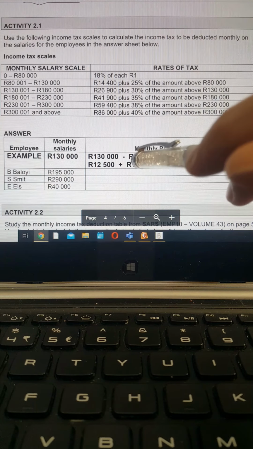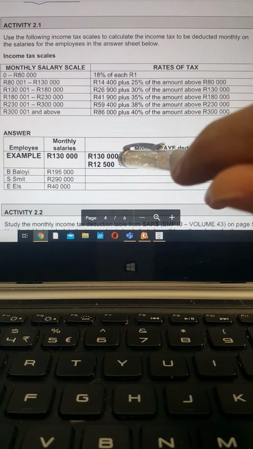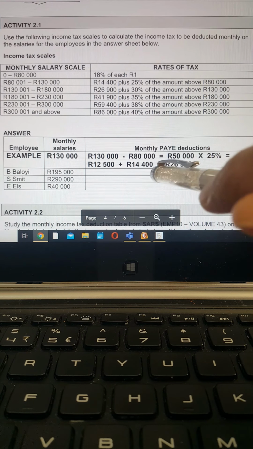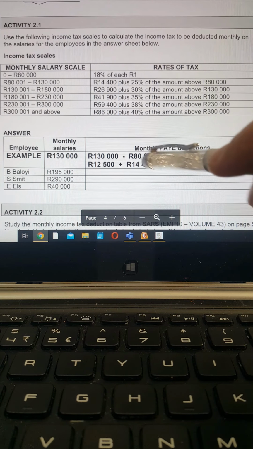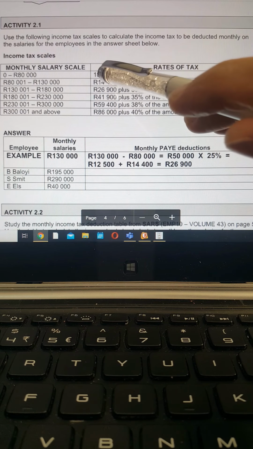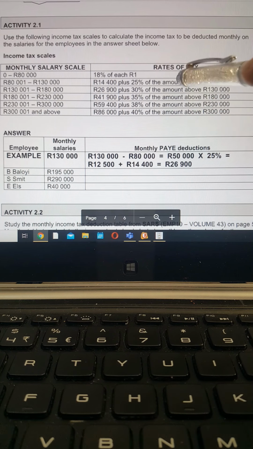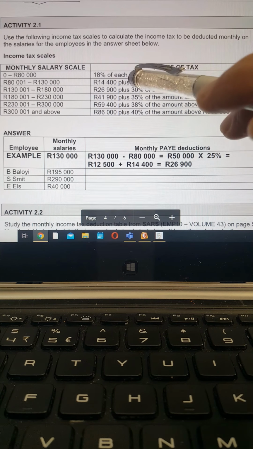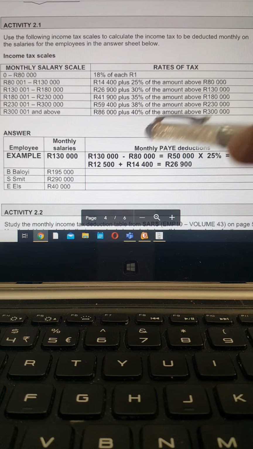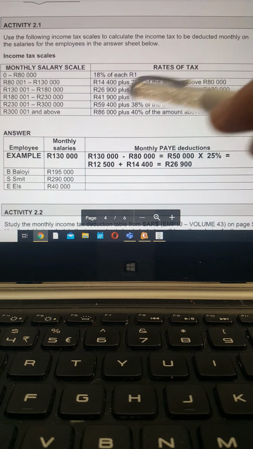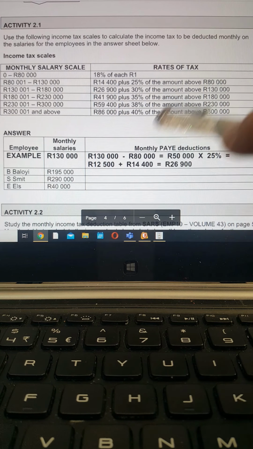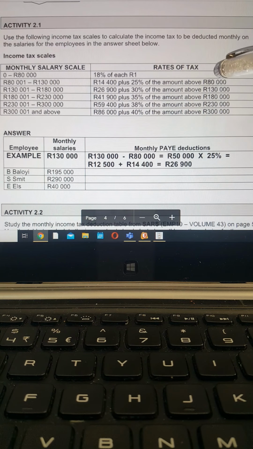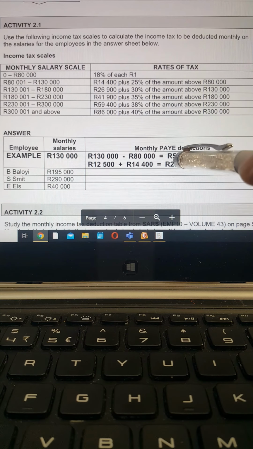So what am I going to do? How much tax am I going to pay? I'm going to pay 14,400 rand first, right? That's the first part of it. And then anything that is above 80,000 rand, I'm going to pay 25% tax on it. So you have to take your own salary, 130,000 rand, and minus that 80,000 rand to see how much money you have above 80,000 rand, which is 50,000 rand.